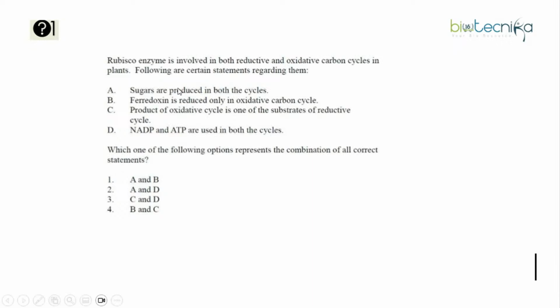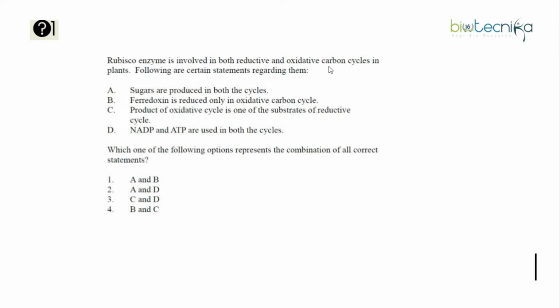So they have given a comparison between your reductive and oxidative cycles, so C3 and C2 both. Right? And as we know, the full form of Rubisco is ribulose 1,5-bisphosphate carboxylase oxygenase. So Rubisco has dual function. It works both as your carboxylase as well as your oxygenase.